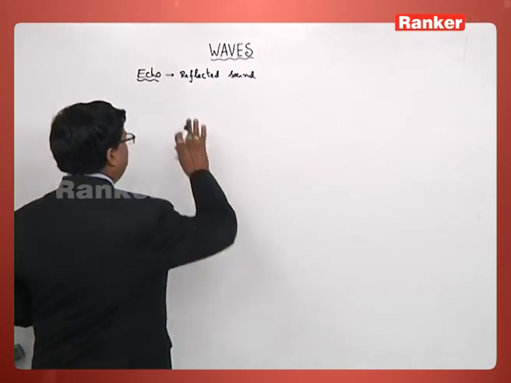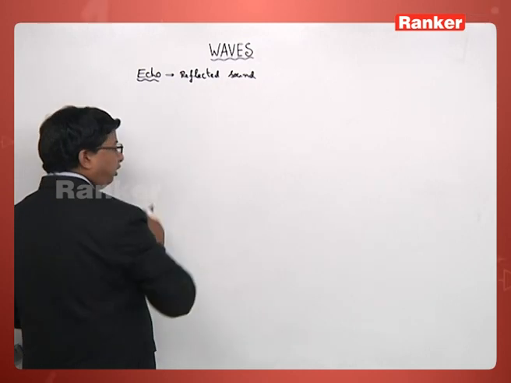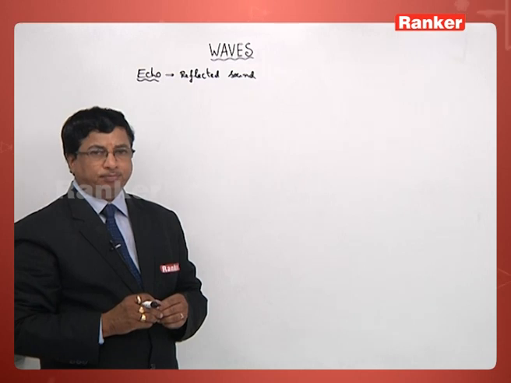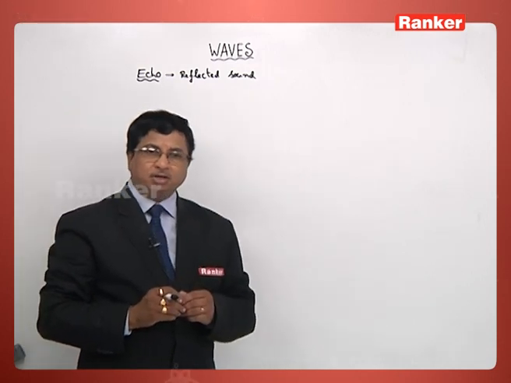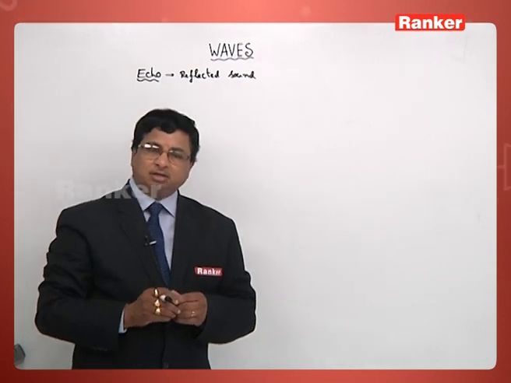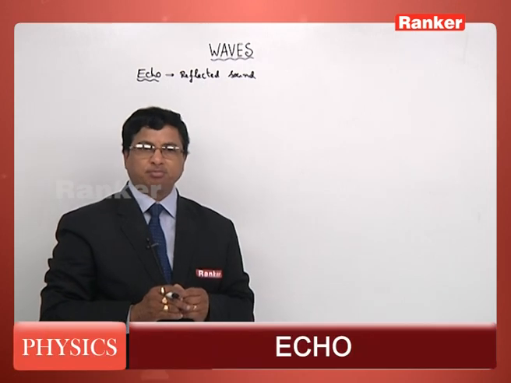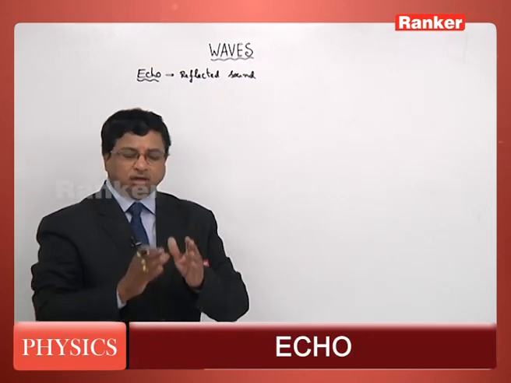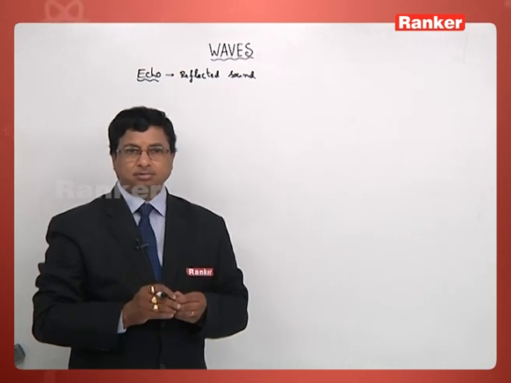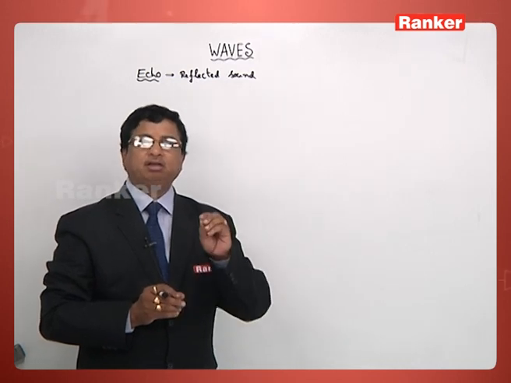What is the basic condition, first of all, to produce an echo? We have a persistence time of hearing. For the human ear, the persistence time is the time gap that should be maintained between two successive syllables, whatever we speak, to be able to hear that sound very clearly.